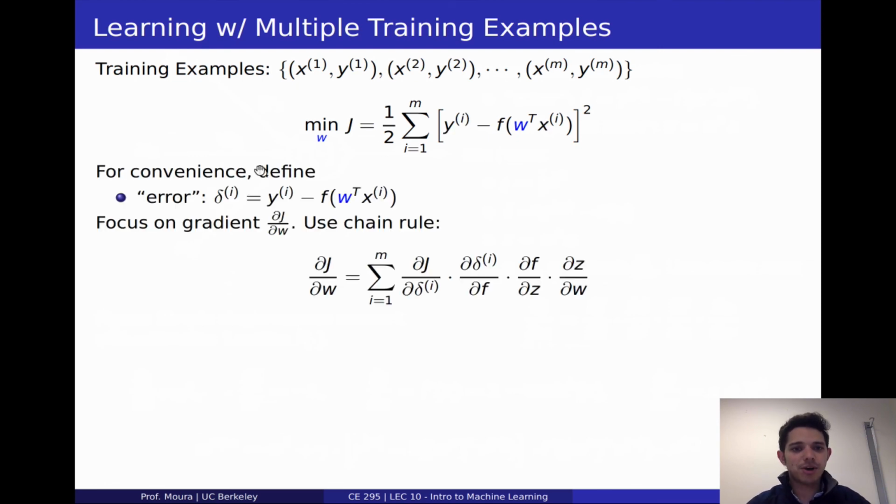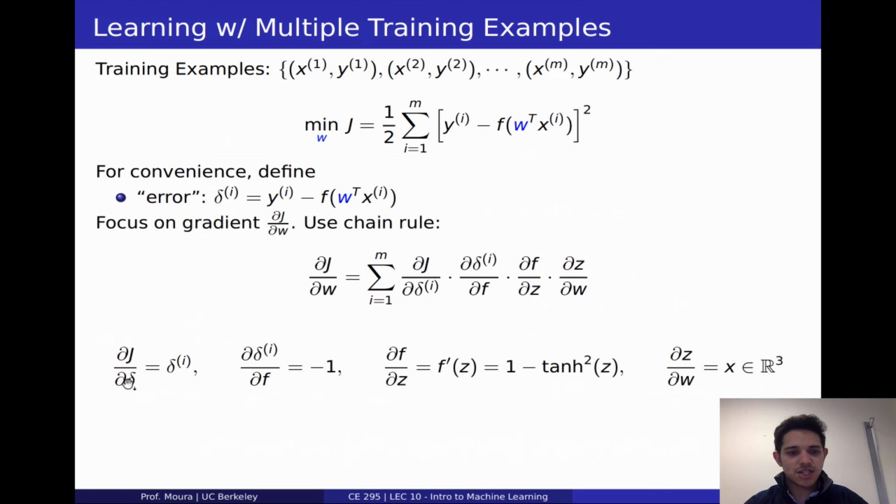We go through a similar process. We define for convenience this error delta superscript i, which is a residual. And now we focus on the gradient and use chain rule. Now, because we have multiple training examples, we're going to have this summation here. And just as before, we can focus on evaluating the gradient with respect to each of these terms. So we can just break that out. And then when we multiply it all together, we now have this update law.